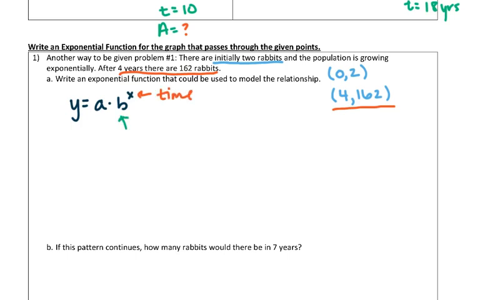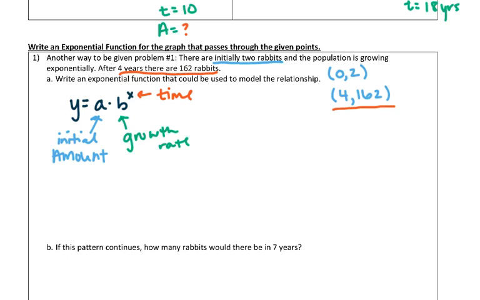Your b is your growth factor, or your growth rate. Okay. A is always the initial amount. All right. So we already know the initial amount here. That initial amount was 2.